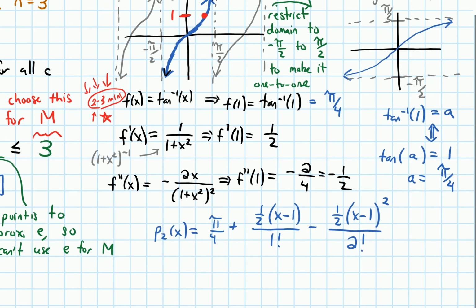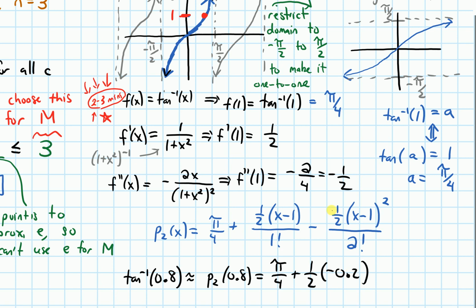Now we want to use this to approximate what's tangent inverse of 0.8. First off, the reason why it was helpful to use 1 as a center point is just because 0.8 is pretty close to 1. So tangent inverse of 0.8 is going to be approximated by our polynomial when we plug in 0.8. So we get pi over 4 plus 1/2 times 0.8 minus 1, which is negative 0.2.